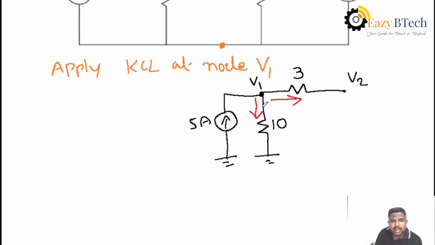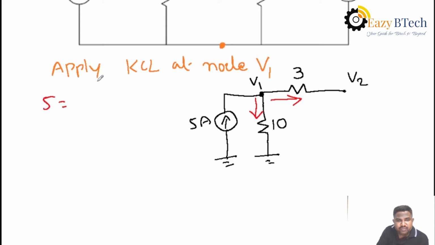What is KCL? The sum of the currents entering into the node is equal to the sum of the currents leaving from that node. Then what is the entering current? The 5 amperes is the entering current, equal to the current passing through 10.